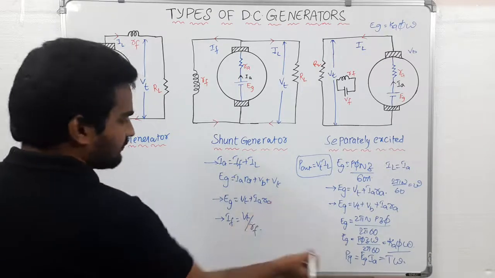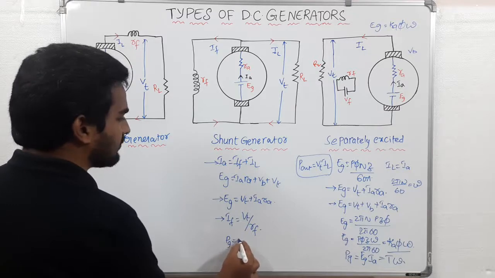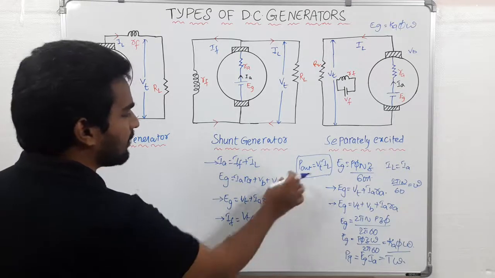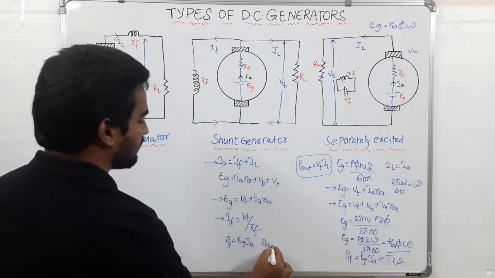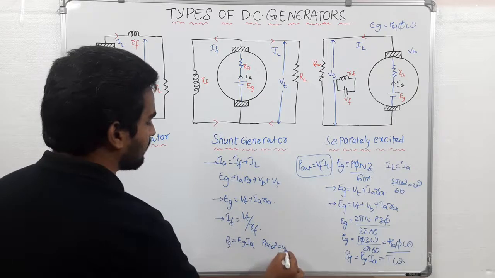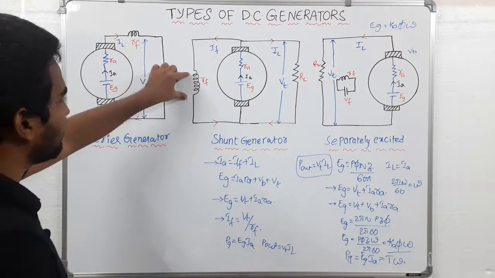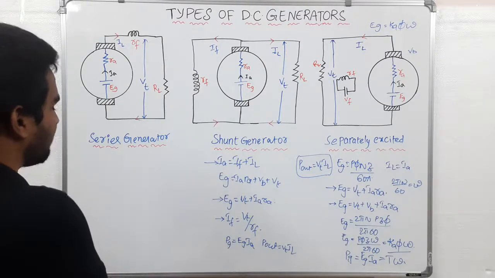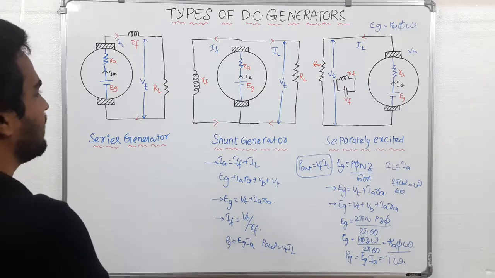And the power values are similar. Pg equals Eg into Ia and Pout equals Vt into IL. The field winding of a shunt generator is designed in such a way that it is thin and lengthy.